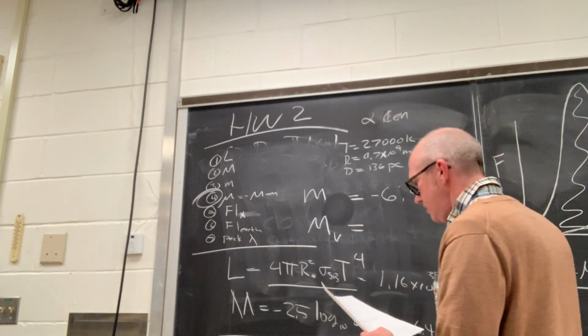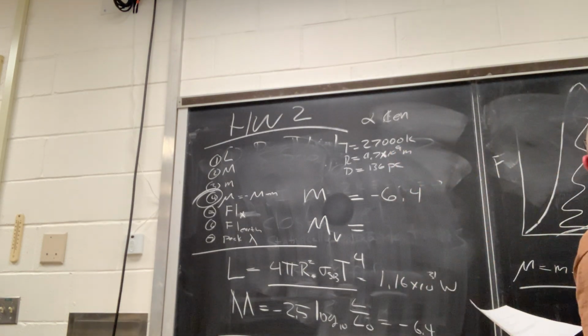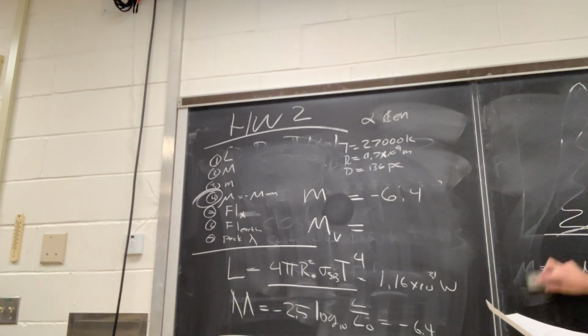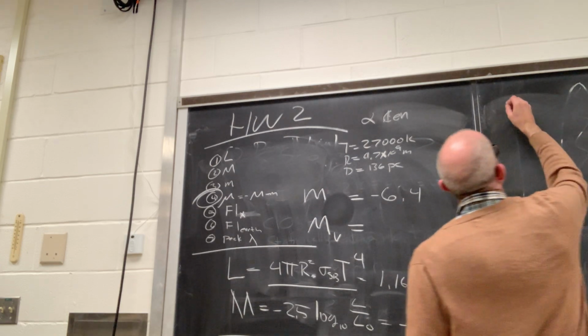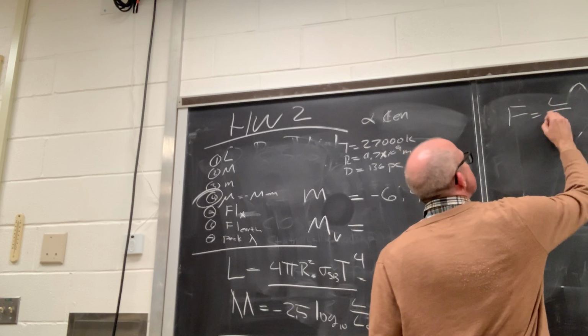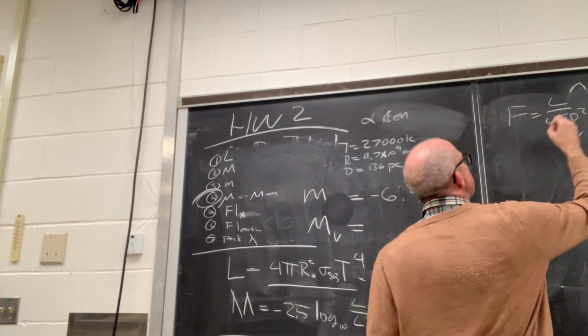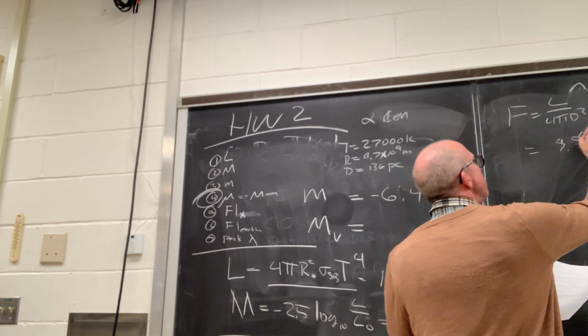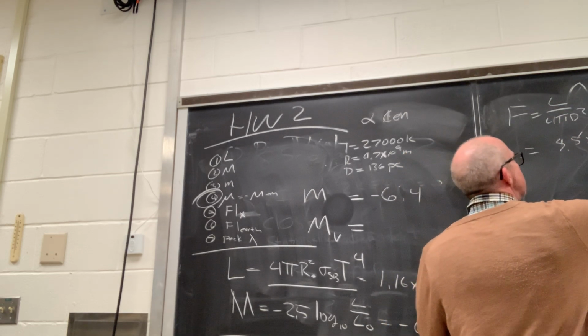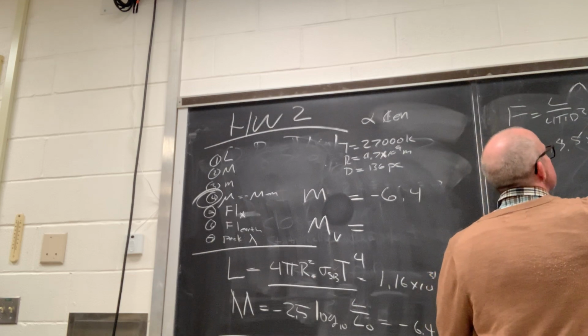Then the flux, let's see, at the star's surface, you should get a very large number. Flux is just luminosity over 4 pi d squared. So at the star's surface, you should get something like 3.5 times 10 to the 10 watts per meter squared.